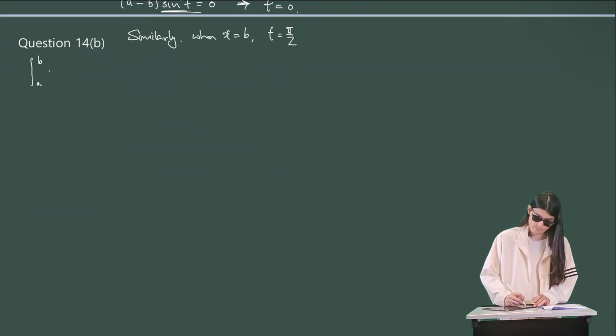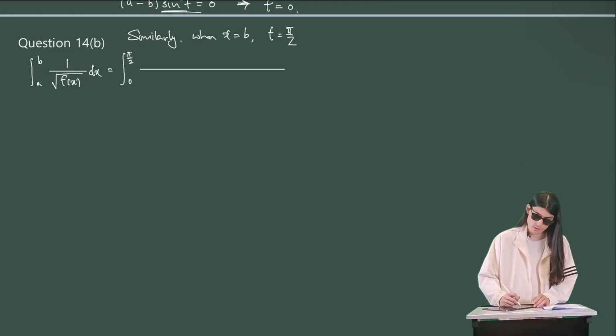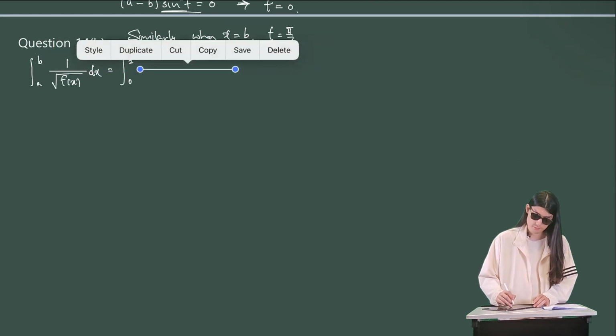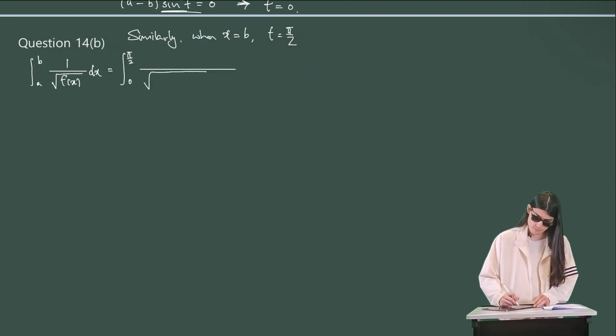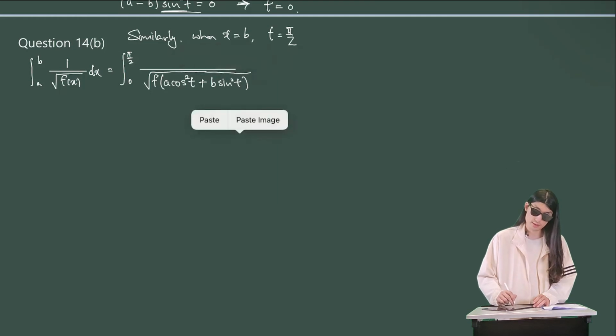So the integral from a to b of 1 over square root of f of x dx is then the integral from 0 to pi on 2 of 1 over the square root of f of that thing that we have substituted into x, isn't it?